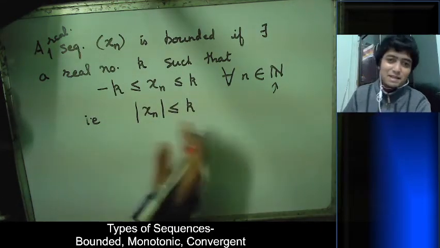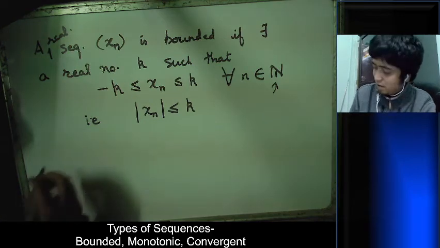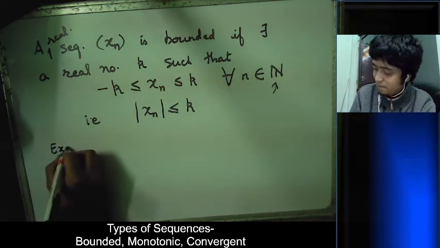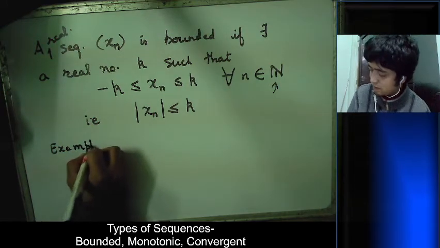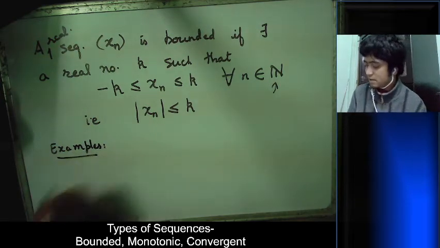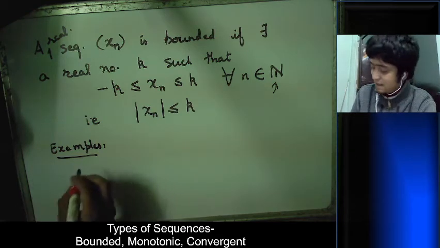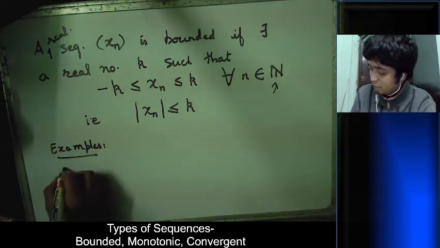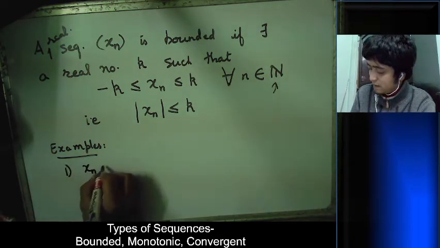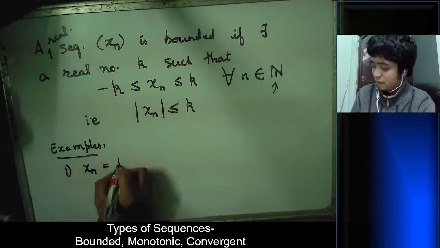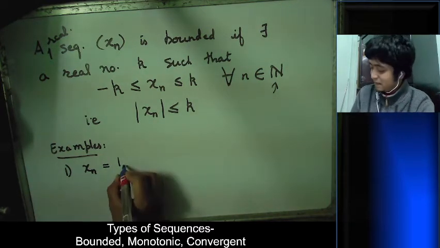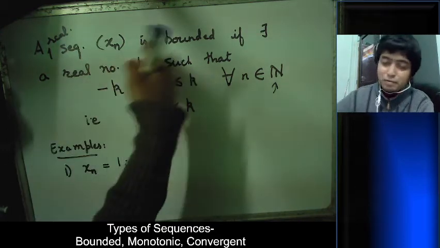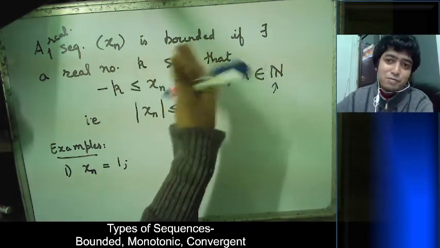I will give examples later, or maybe I should give them now. Examples. Let us say example number 1, xn equals 1. If xn equals 1, what do we have to do to show that it is bounded?